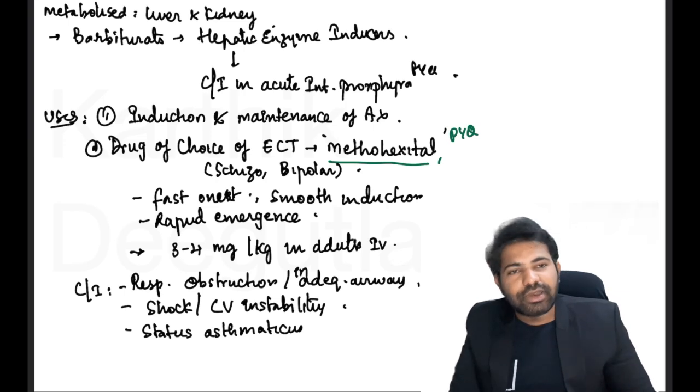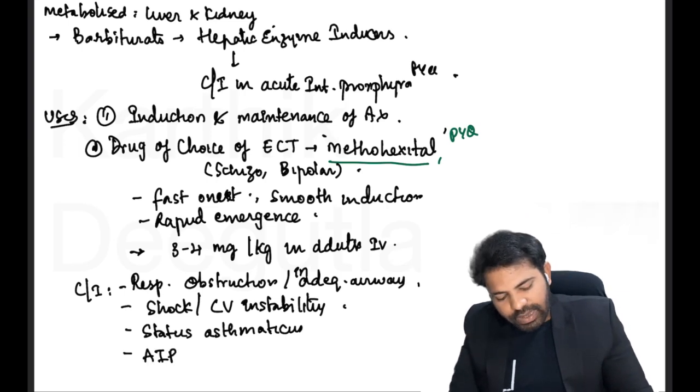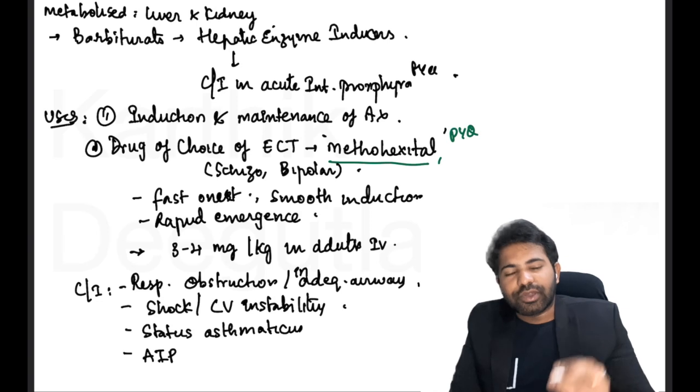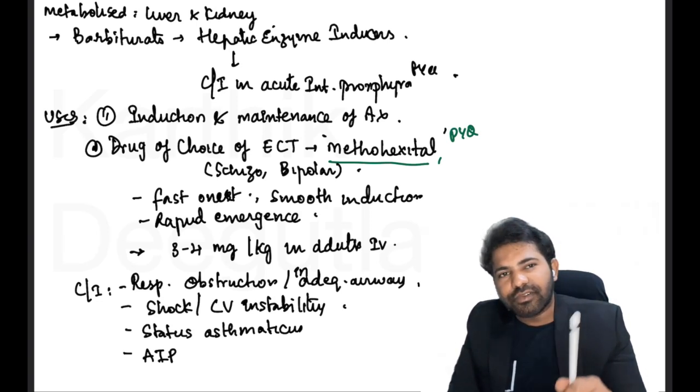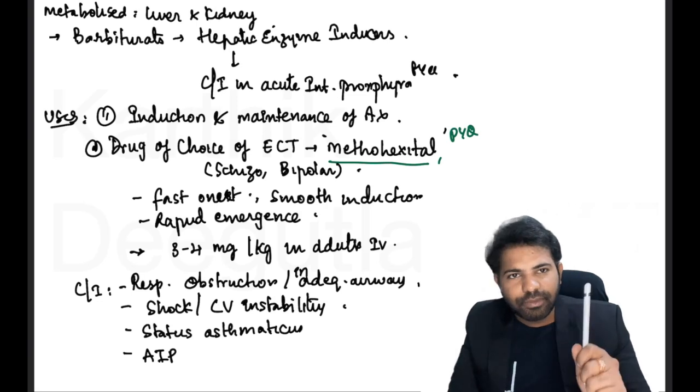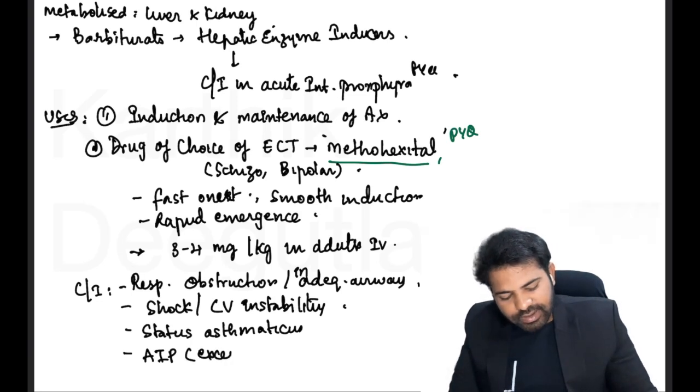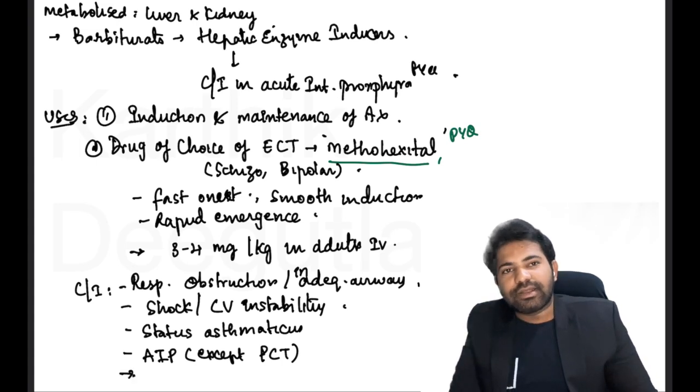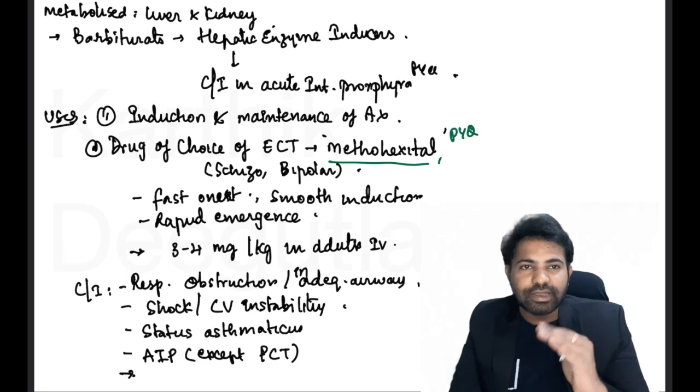In case of acute intermittent porphyria, AIP, you cannot use thiopentone. You can use it in porphyria cutanea tarda, but not in acute intermittent porphyria. And it is contraindicated when there is no emergency airway equipment.